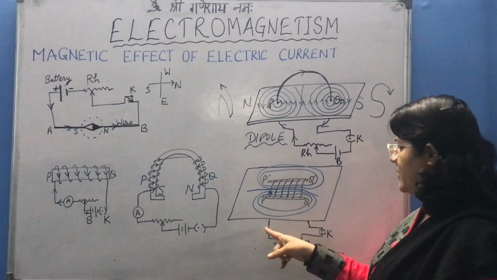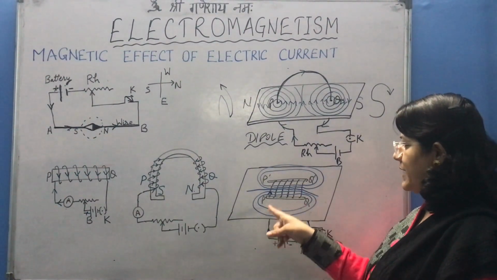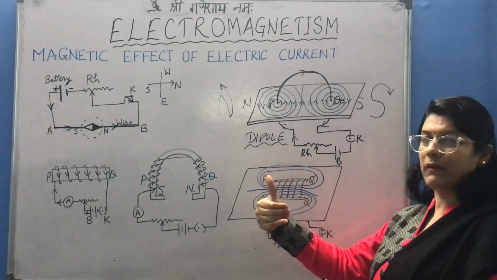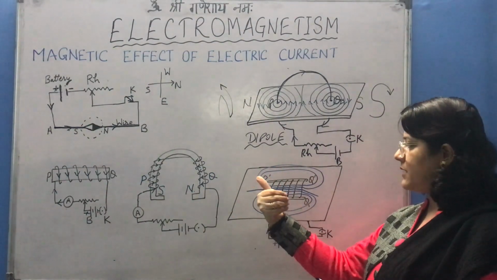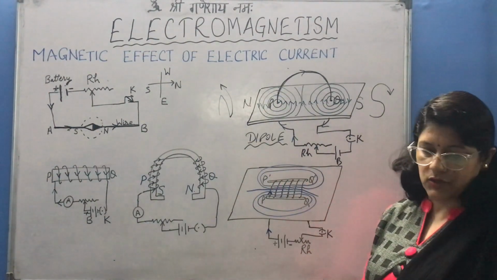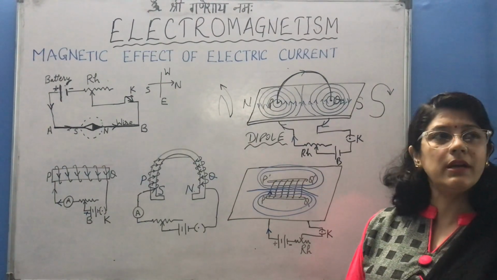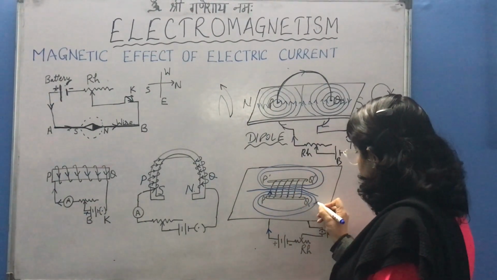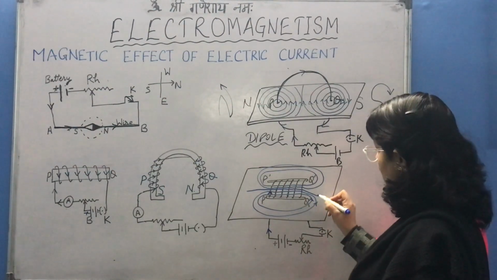In this case, as you can see here, the direction of current is like this. So in the windings, the direction of current is this. We hold our right hand like this and we see our fingers encircle in the anti-clockwise direction. When fingers encircle in the anti-clockwise direction, then the magnetic field lines go like this.